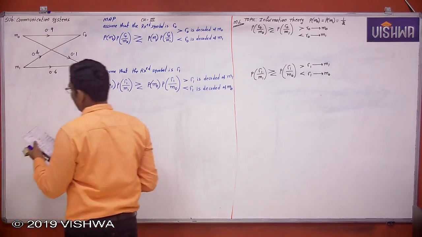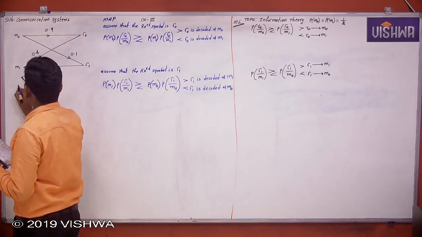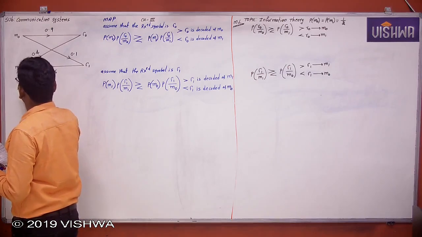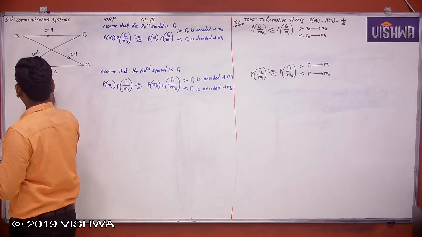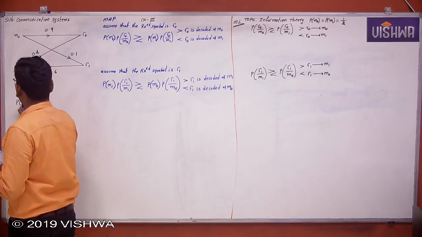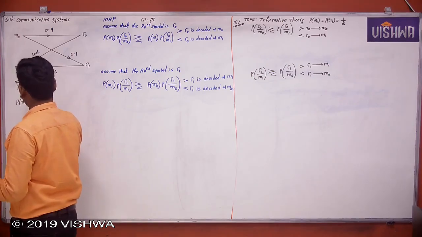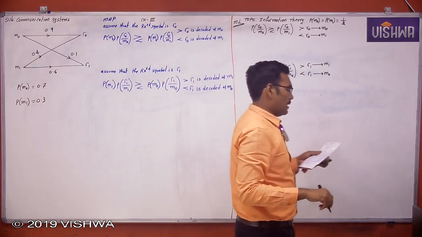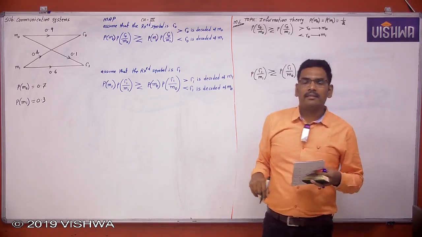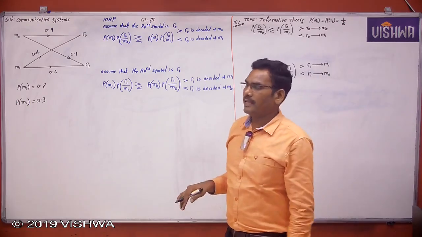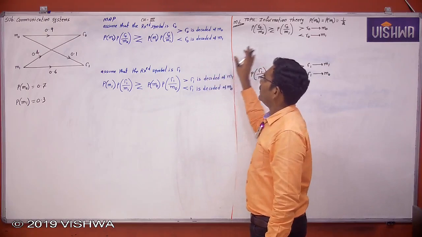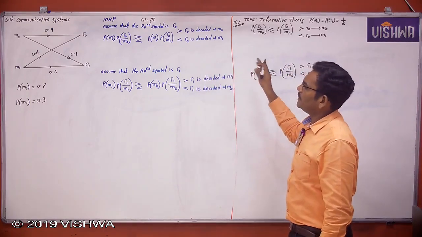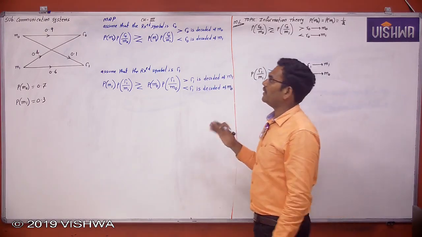This is the channel diagram which is given to you, and the symbol M0 is transmitted with a probability of 0.7 and the symbol M1 is transmitted with a probability of 0.3. Apply MAP and ML decoding and determine the error probability in both the cases. It is asking for the probability of error in both the cases.